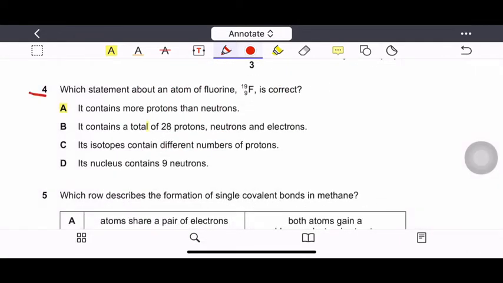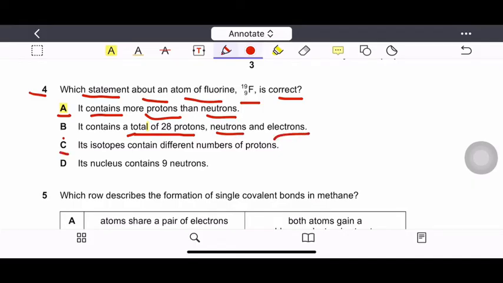Question 4. Which statement about an atom of fluorine is correct? Option A, it contains more protons than neutrons. Option B, it contains total of 28 protons, neutrons and electrons. Option C, its isotope contains different number of protons. Option D, its nucleus contains 9 neutrons.